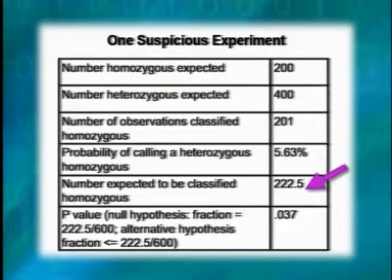Well, one can do a statistical analysis where the null hypothesis is that the fraction of the plants should have been 222.5 out of 600, and the alternative hypothesis is that the fraction is less than that. You find that the p-value for that hypothesis test is 0.037. So if you use the traditional cutoff margin of 5%, you would actually reject the null hypothesis that 222.5 was not the expected value.